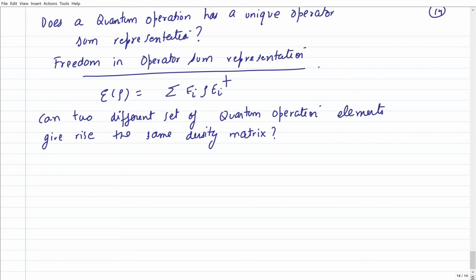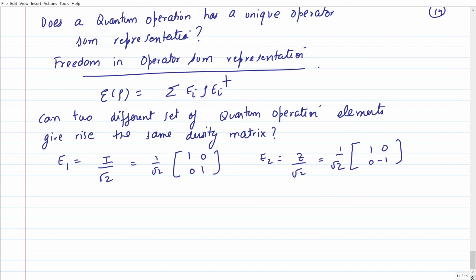So consider the example. I have an operator sum representation where I have these guys as elements. And the other quantum operation I have is with the following: this guy and an F2.